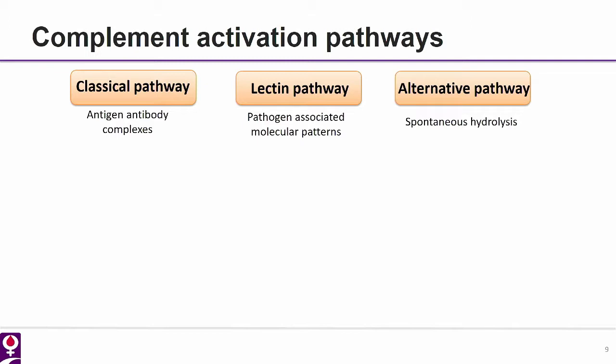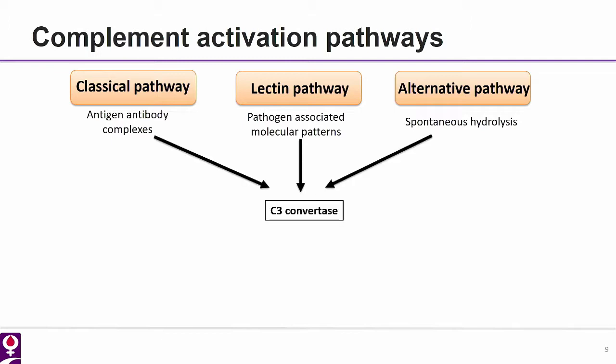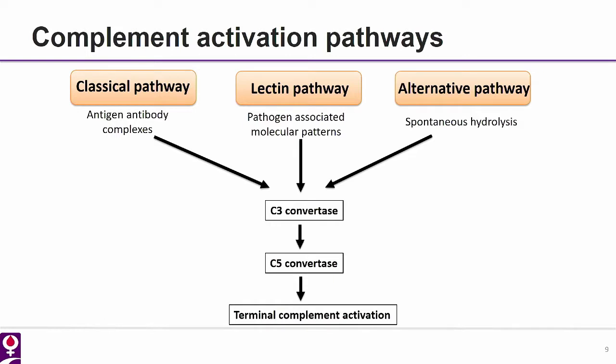So the complement activation can happen by 3 pathways based on how the activation is being initiated. And then all these 3 pathways converge at the C3 convertase level, then they make C5 convertase, and ultimately terminal complement activation happens.